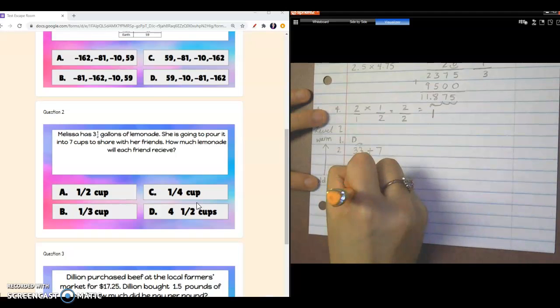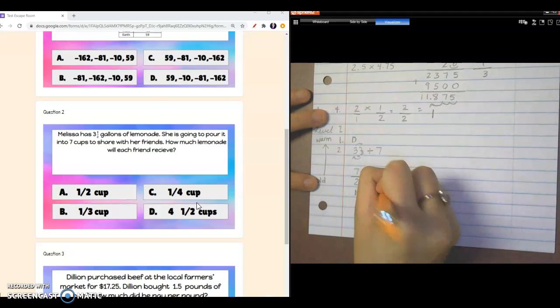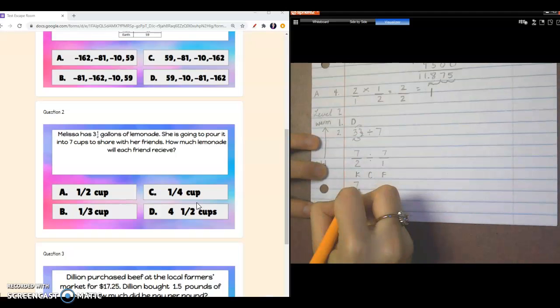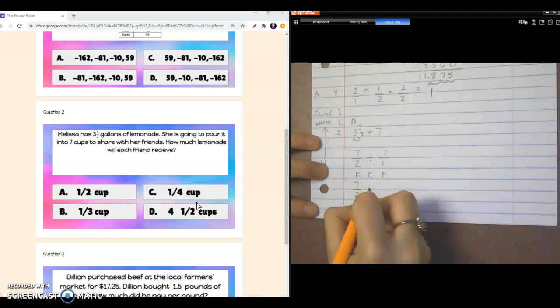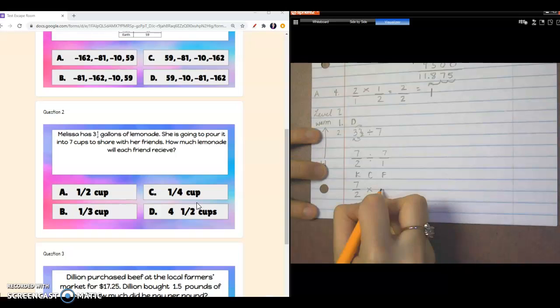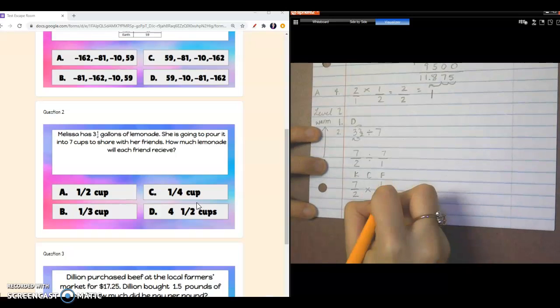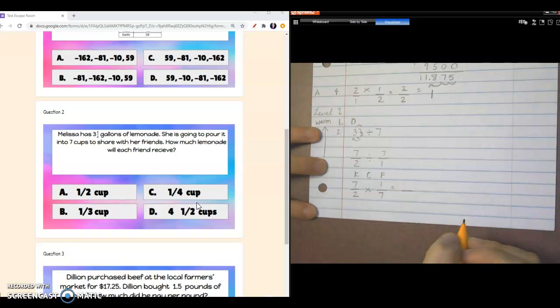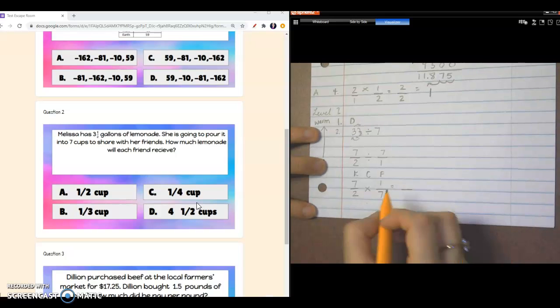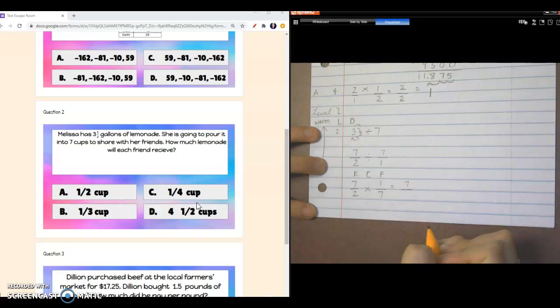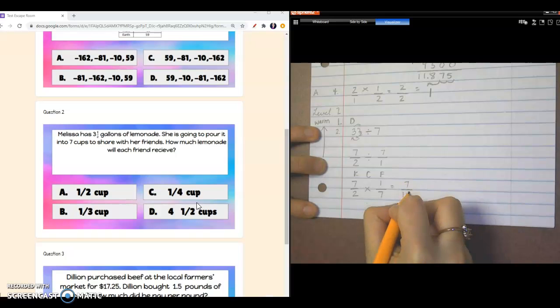And now I'm ready for KCF. So I'm going to keep my 7 over 2. Division becomes multiplication, and then we flip 7 over 1, so it becomes 1 over 7. And now we can multiply straight across. 7 times 1 is 7, 2 times 7 is 14.